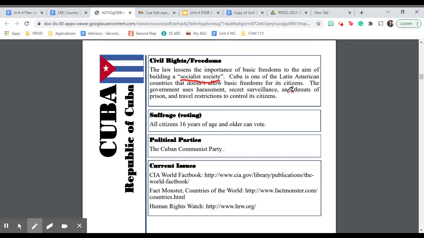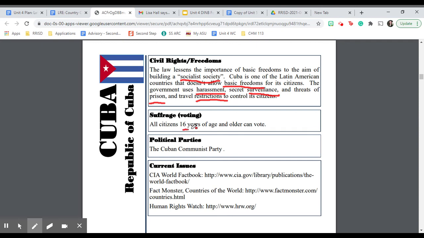Let me see if you're supposed to write that. Yes, does not allow basic freedoms for its citizens. The government uses harassment, secret surveillance, and threats of prison and travel restrictions to control its citizens. So all of these things are pretty basic to communist countries, right? We talked about how communist countries use a lot of intimidation and scare tactics to keep their citizens in control.